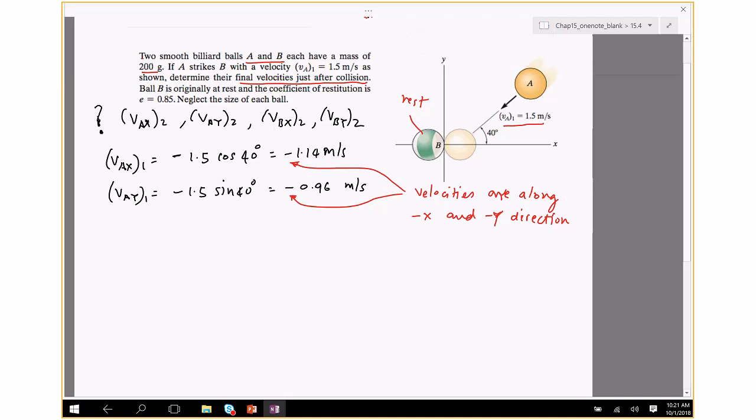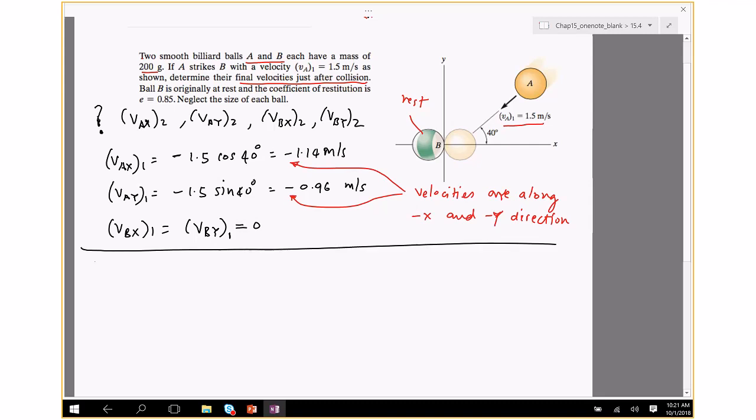Obviously, the velocity of B in the x direction before impact and the velocity of B in the y direction before impact are simply equal to 0 because the ball is at rest. So now we are all set. Let's start with the conservation of linear momentum.